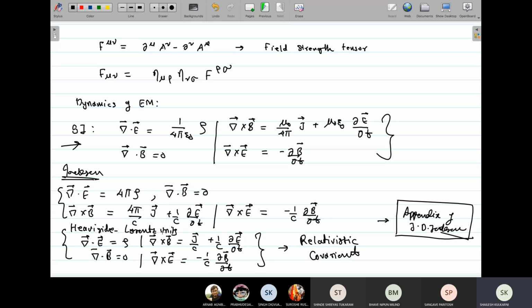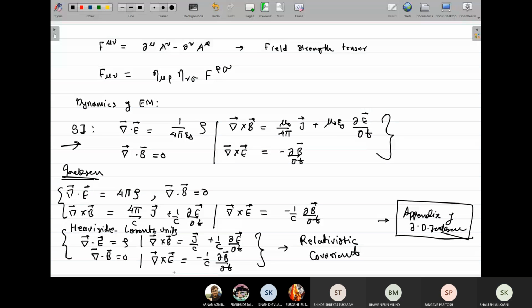If a certain conclusion is drawn from these Maxwell's equations in one frame, that conclusion will hold in any other Lorentz frame. In that sense, they are relativistically covariant, but they are not written in covariant form. So our first job is to write these equations in covariant form.